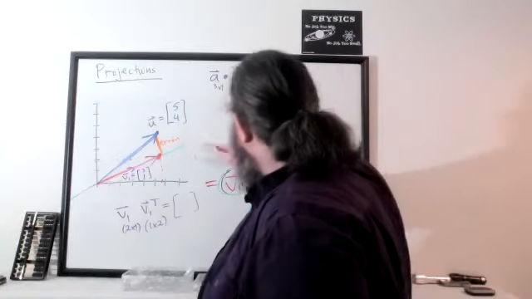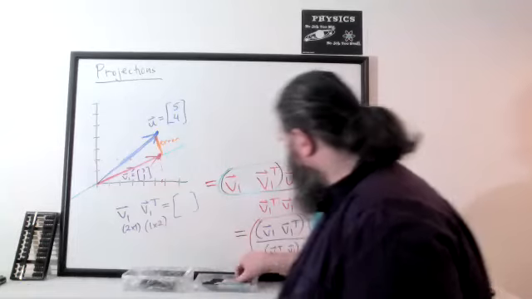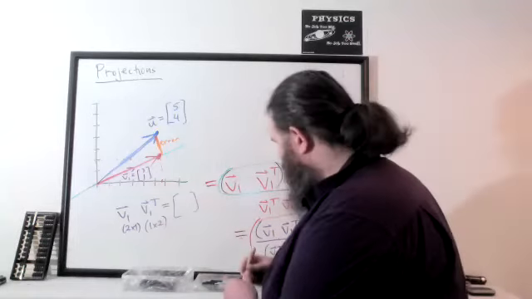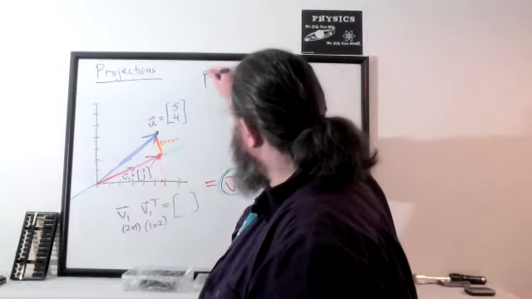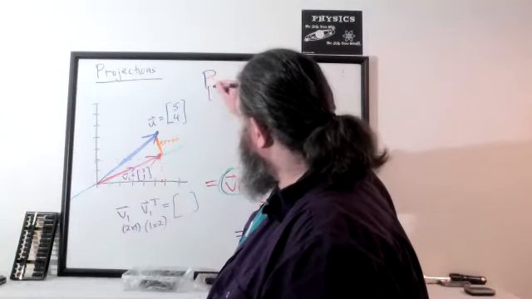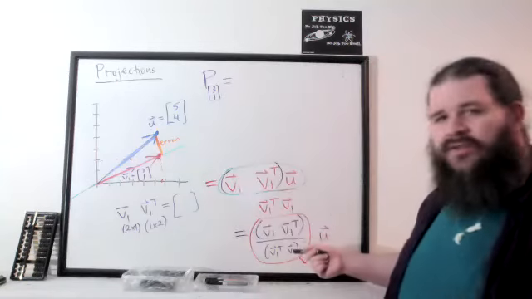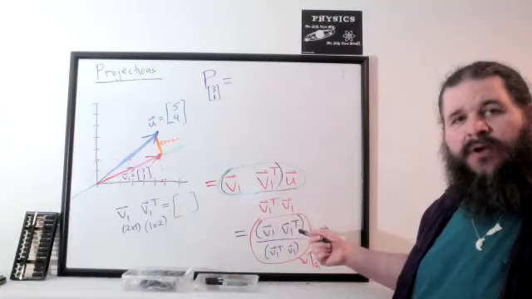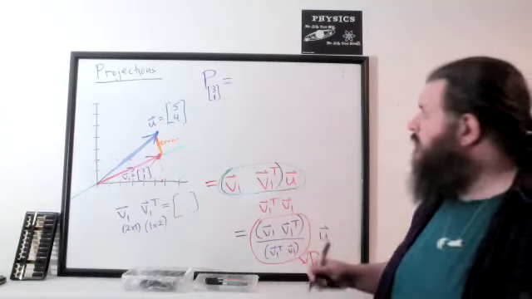For example, let's try this out. Using the same 3, 1 vector. If you want to calculate the projection matrix for the vector 3, 1, we can use this formula, V1 times V1 transpose divided by V1 transpose times V1, which is really just the dot product.